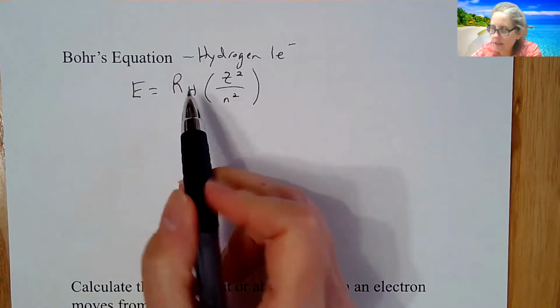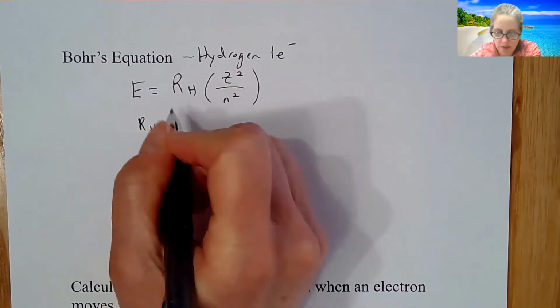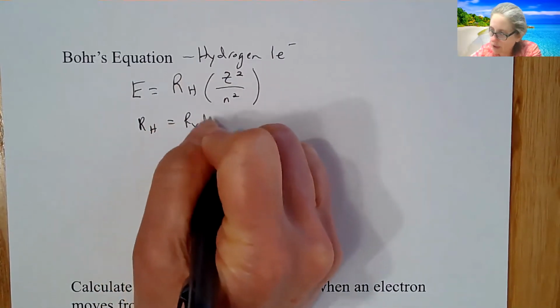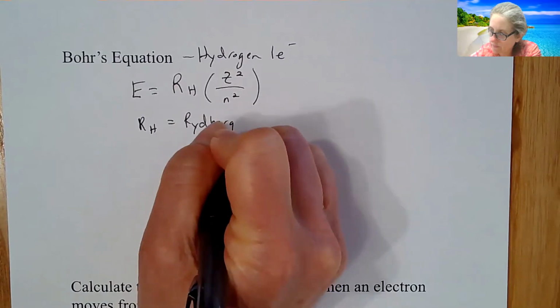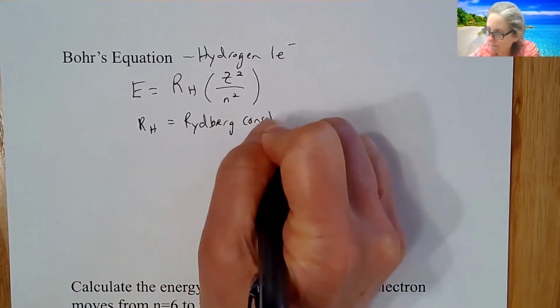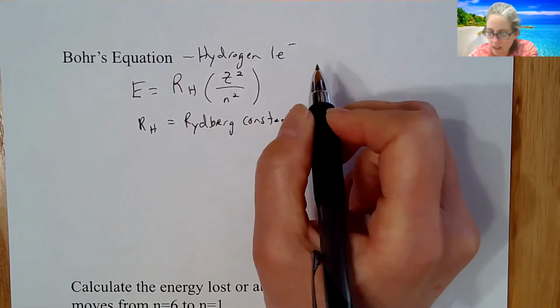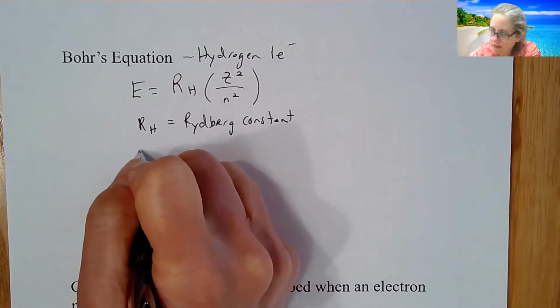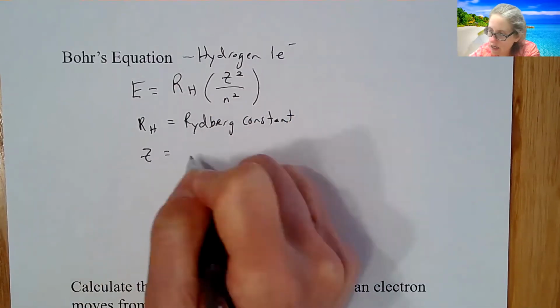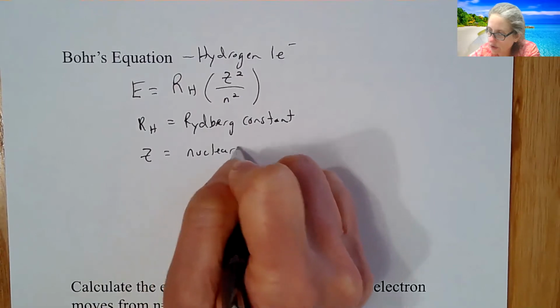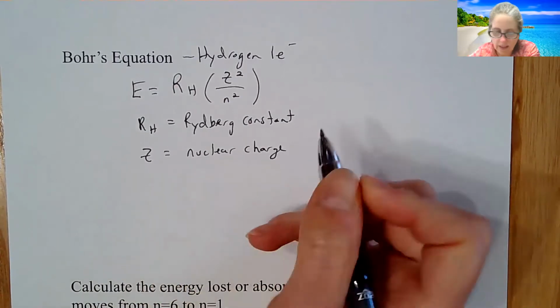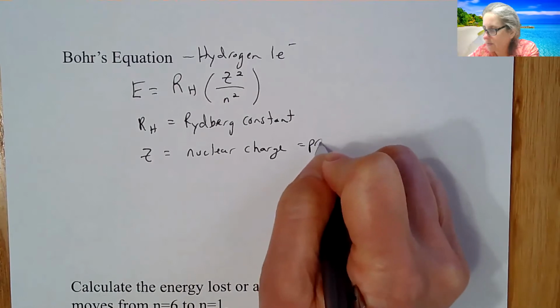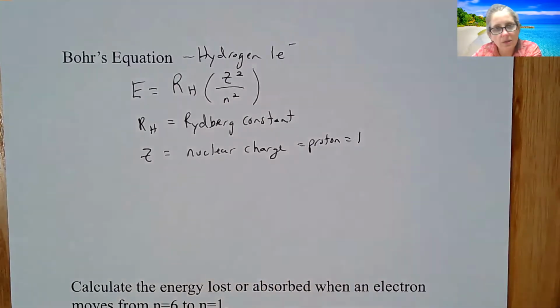So energy is equal to RH. RH is called the Rydberg constant. Then Z is the nuclear charge, and that's the number of protons. For our discussion, it's 1.